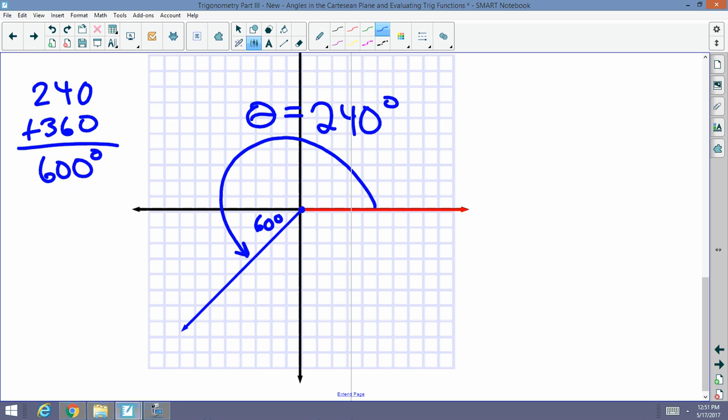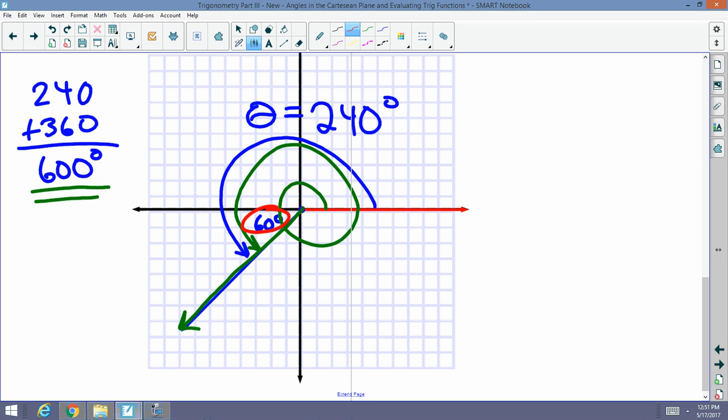Since I added 360, I just found a coterminal angle, and now I'm going to prove it to you in green. 360 plus 90 is 450, plus 90 is 540, plus 60 is 600. So it's the same exact spot that we end in. Check it out. Doesn't it have the same exact reference angle of 60? So they're going to have the same exact values.